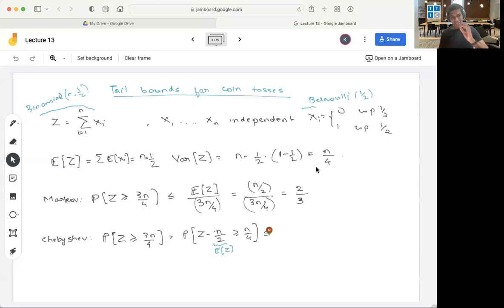So it says that z deviates by at least n/4 from its expectation, and deviates on the positive side. But you can upper bound it by the probability of deviation on either side.